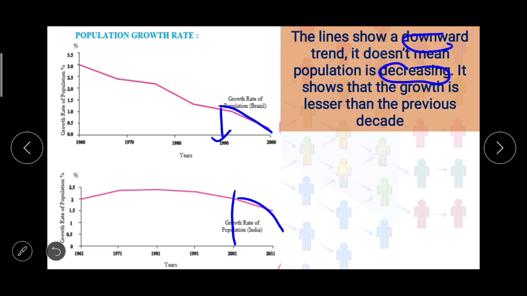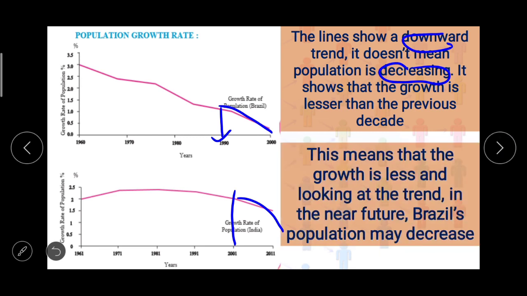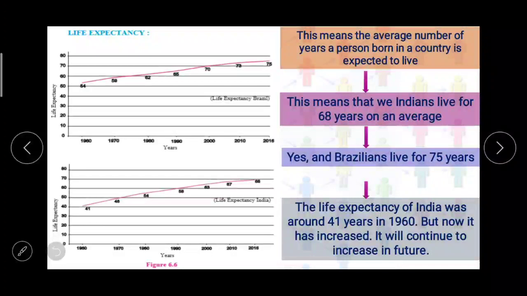So it doesn't mean that the population is decreasing. This means that the growth is less, and looking at the trend in the near future, Brazil's population may decrease. But this is not the condition in India.